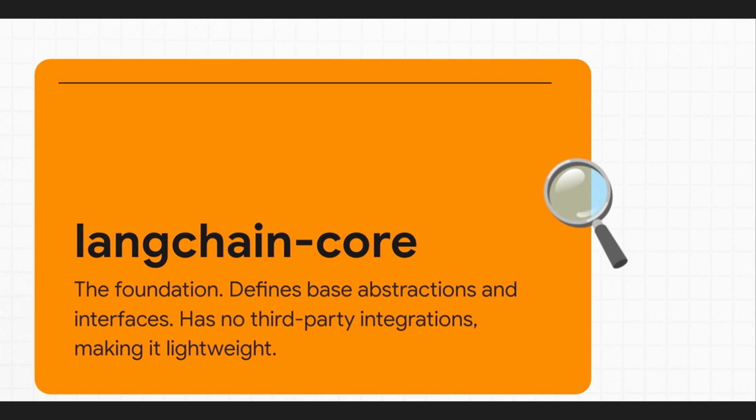You can think of it as defining the universal standards. It's like a USB port for every single component. It contains all the basic interfaces that make sure all other tools can just plug in and work together. And it has no external dependencies, which keeps it super stable and lightweight.